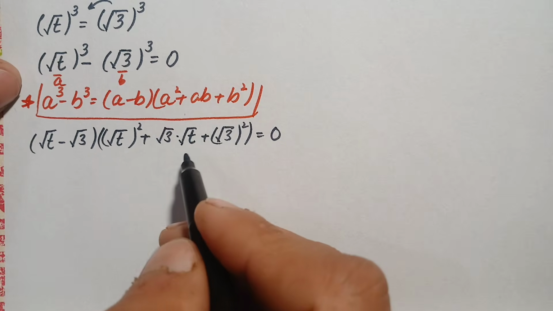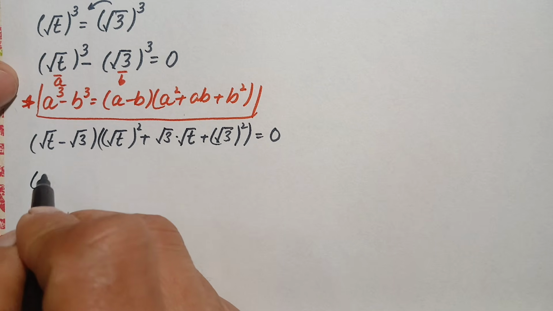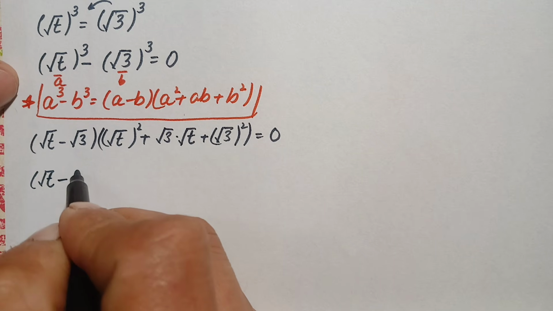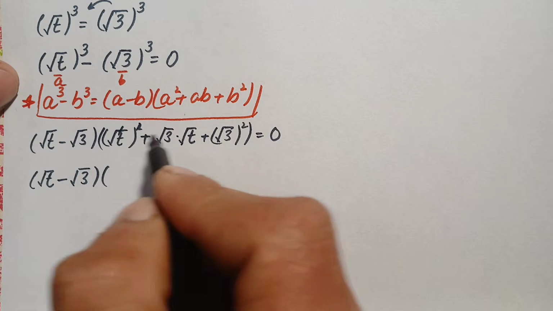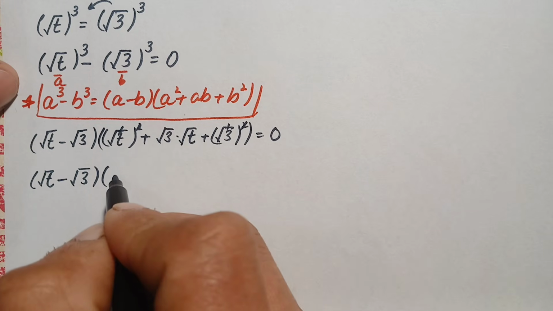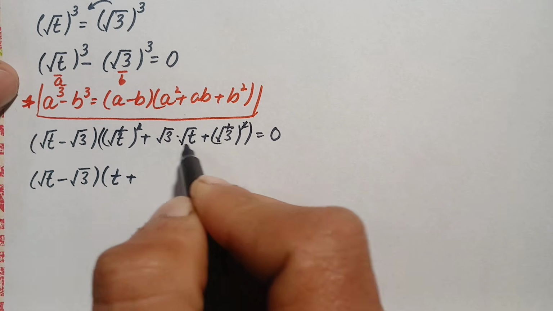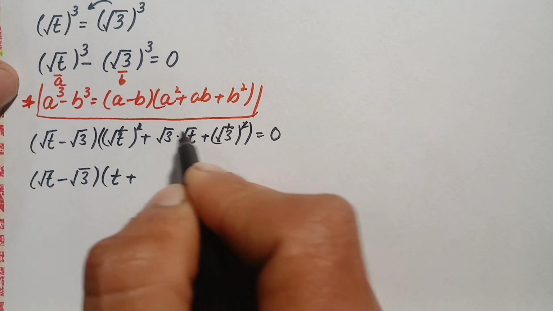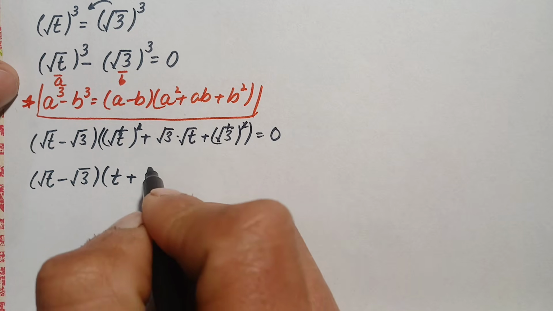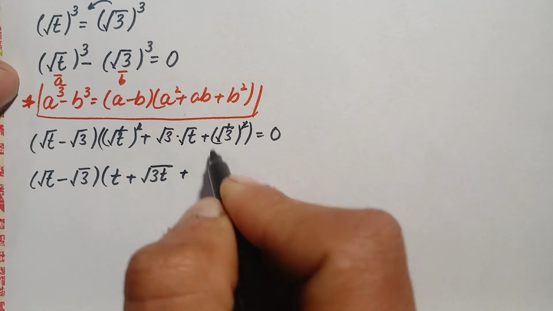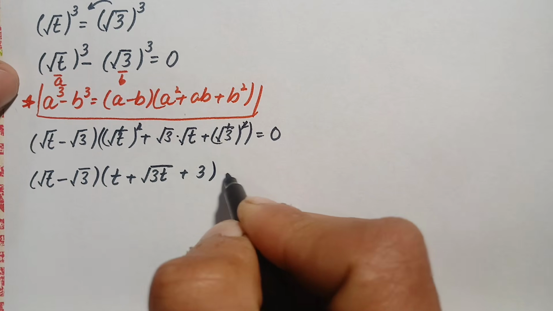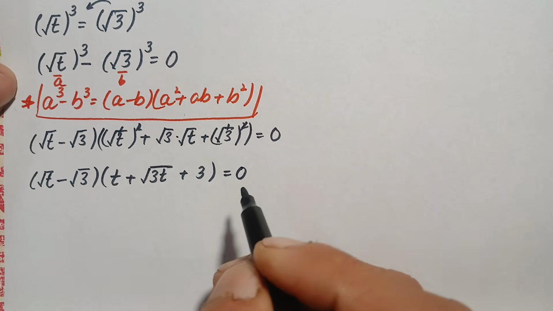Let's simplify this expression. So this will be the same, square root of t minus square root of 3 times, here square and square root will be cancelled in these two terms, so this will become t plus, we can write these two number and variable inside one square root, so this will become square root of 3t plus 3 is equal to 0.